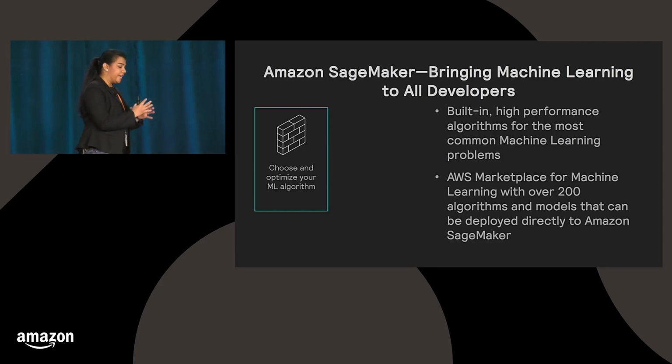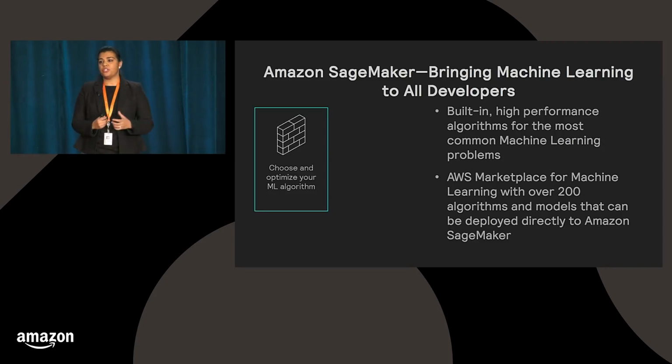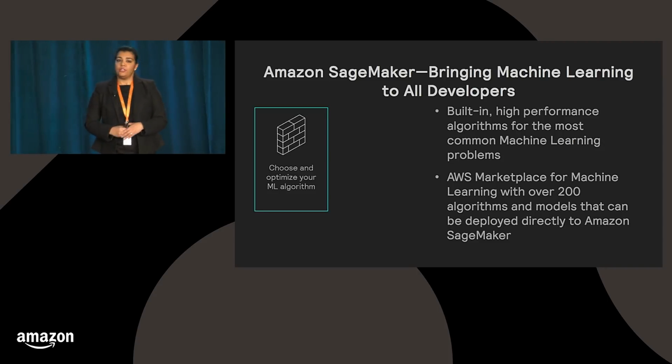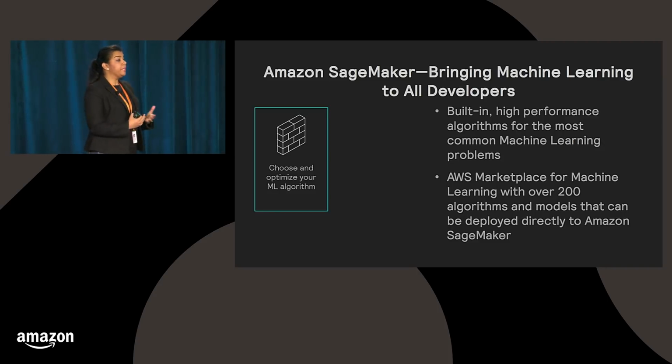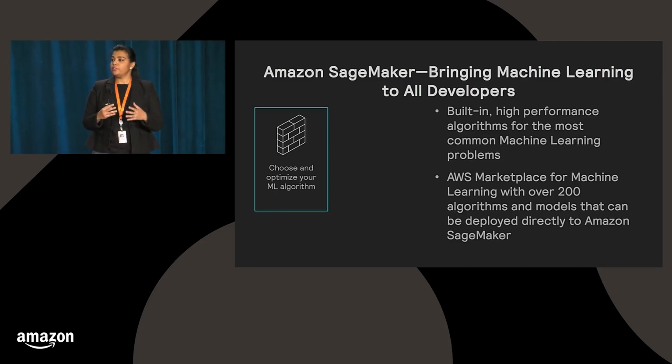So once you have your data ready, and you're now ready to start trying different machine learning algorithms, you can use Amazon SageMaker's built-in algorithms to get started quickly. So we looked at the most common and the most frequently used machine learning use cases, and we built 17 machine learning algorithms that are available in SageMaker out of the box.